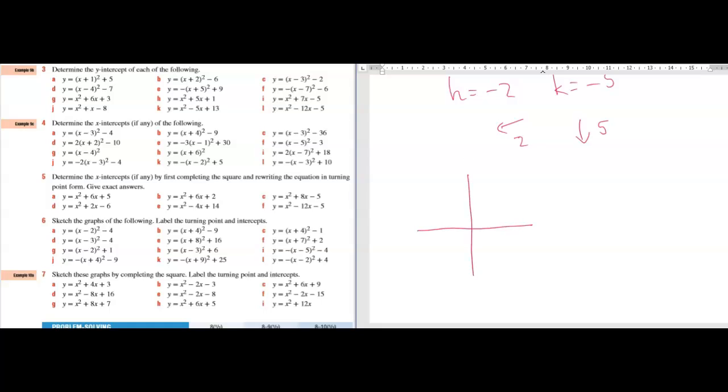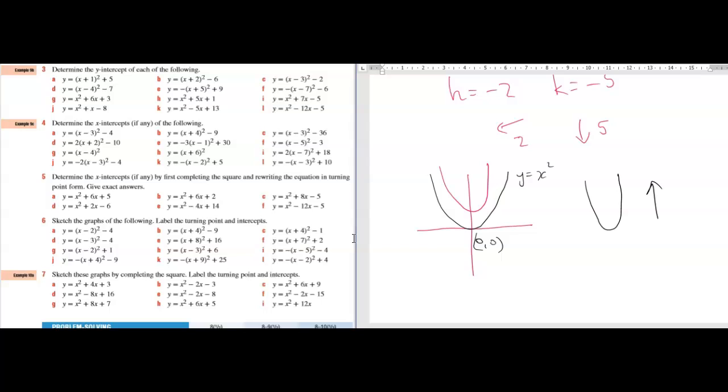If you have a positive parabola that's gone up, you're not going to have x-intercepts, because your general form of a parabola sits at 0, 0, the basic parabola, y equals x squared. So if it's moved up, it's no longer crossing your x-axis.